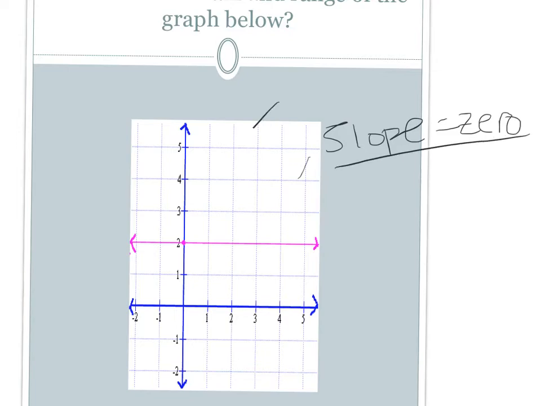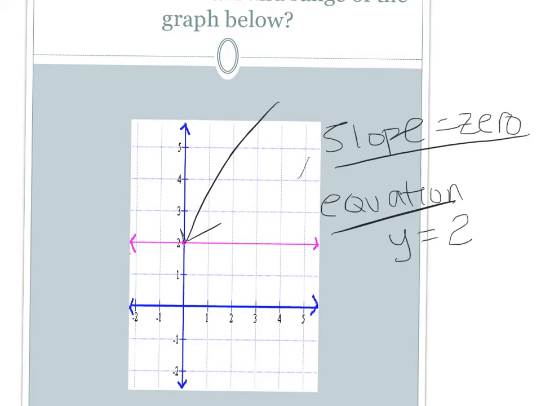Since my equation hits the y-axis, my equation is y equals 2. Now my y is my range. So my range is also y equals 2. Okay? So we found our range, and now we need to find our domain.